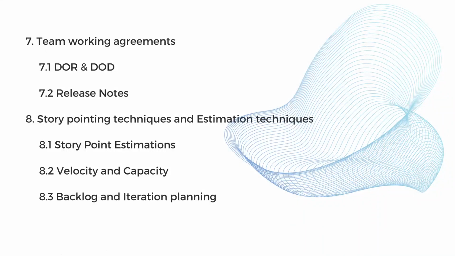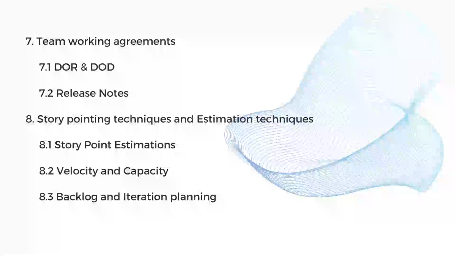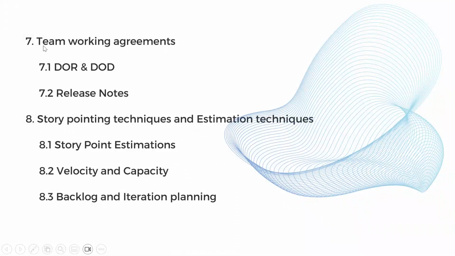So these are two very important concepts for a business analyst and product owner. Why? Because definition of ready means once it is ready, only then will your development team and testing team start with that particular user story or development activity. Until and unless definition of ready is clear, they will never touch it. And definition of done: it is your responsibility to make sure everything is done.